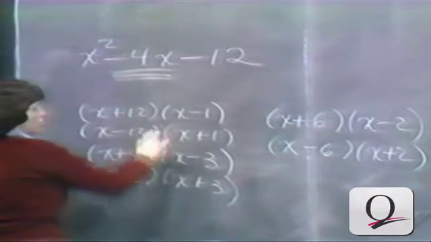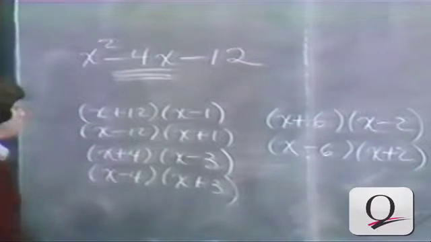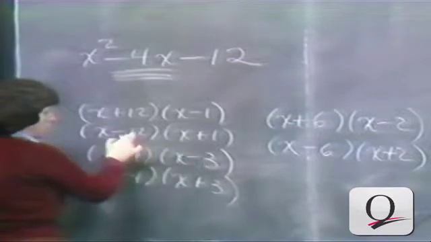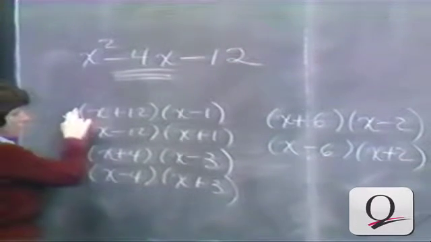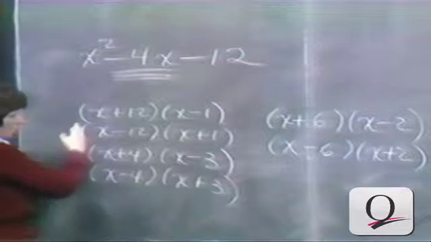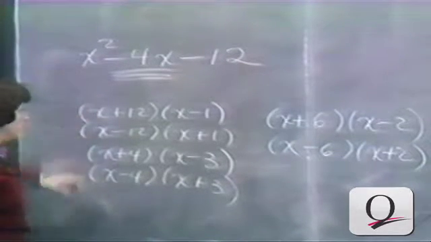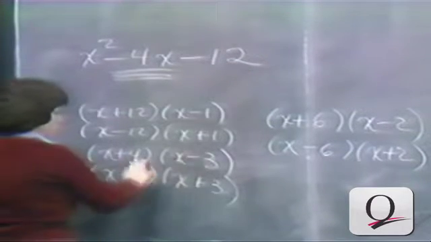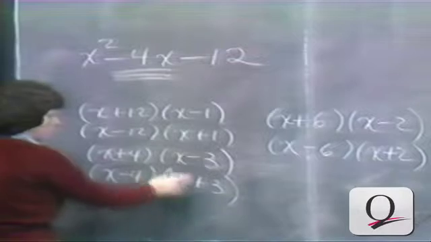Okay, now, outer minus x, inner 12x, giving you a result of 11x. Here, 1x minus 12x, that's minus 11x. Once this gives you, by the way, the plus 11x, you can realize that this is going to give you the minus 11x, so do them together. Here, minus 3x and plus 4x for the 1x.